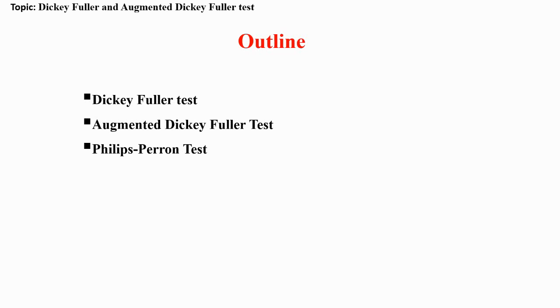The second is the Augmented Dickey-Fuller test, where we make some changes to the Dickey-Fuller test. Finally, a third variation is called the Phillips-Perron test. These three tests are very identical and use basically the same equation, with a little bit of variation. So let's start with our lecture today.